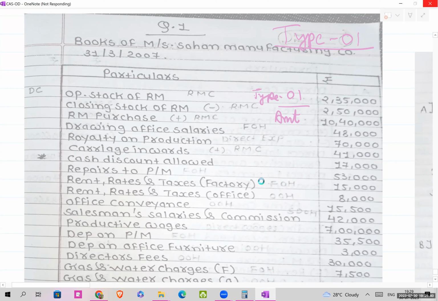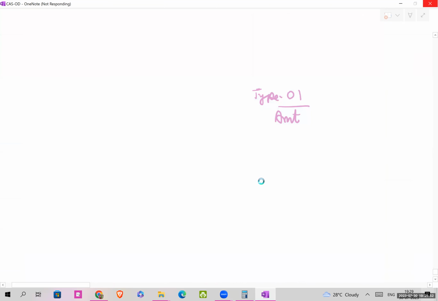Now before you start with the cost sheet, another thing that you have to keep in mind is that all the items of cost that are given to you, you have to identify as direct cost or indirect cost. Once you know that it's a direct cost, then you have to categorize whether it will go under direct material, direct labor, or direct expenses.